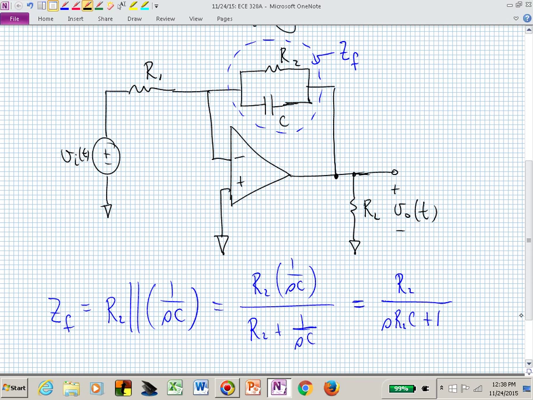If we now want to find the transfer function of this circuit, I now want the transfer function between the input V sub I and the output V sub O. What kind of equations are you seeing or thinking you might write for this circuit?